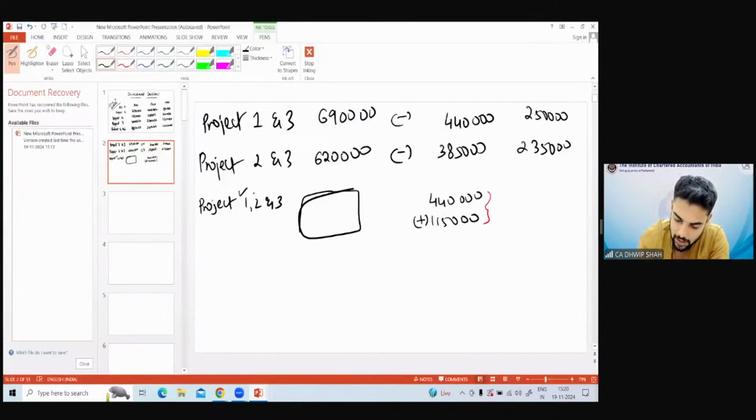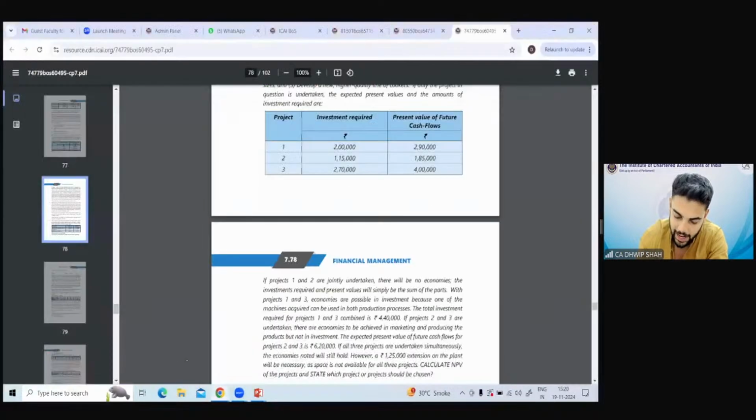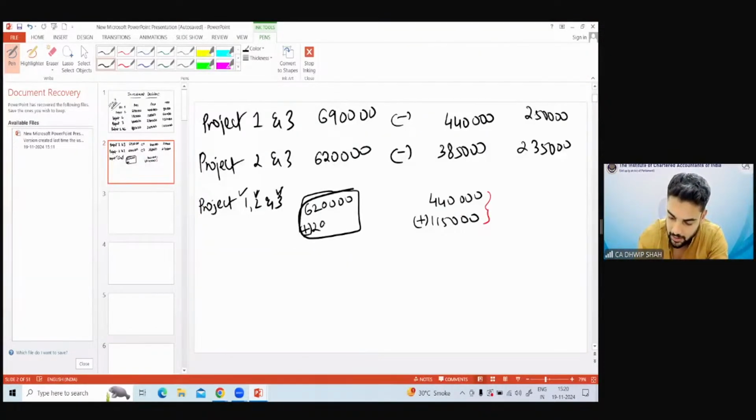So when project 2 and 3 are taken together, my PVCI is 620. So can I say now with this 620, I have to just add PVCI of project 1, which is 290. Are you following, friends? Understanding this part is very important.